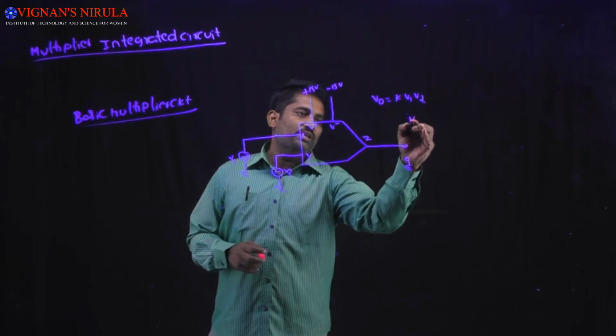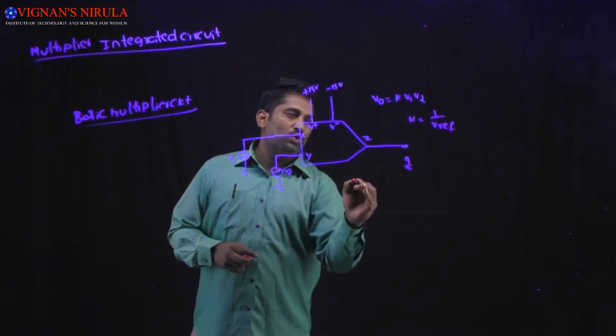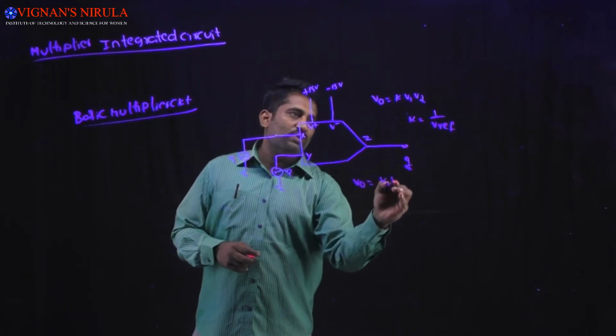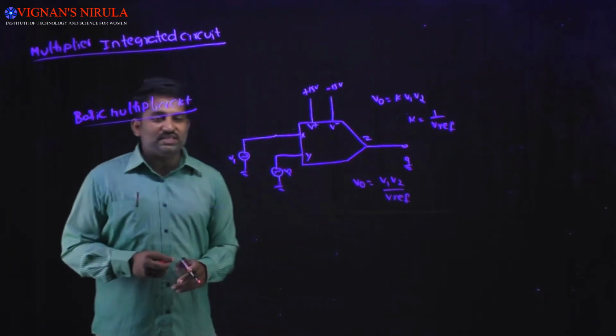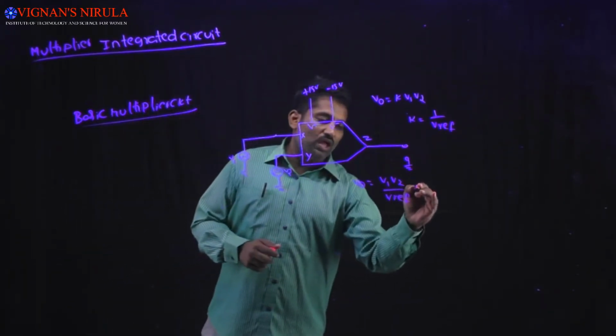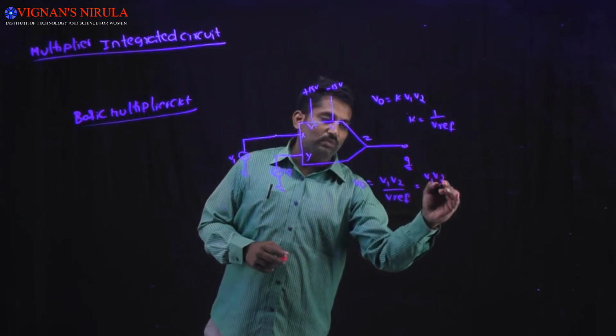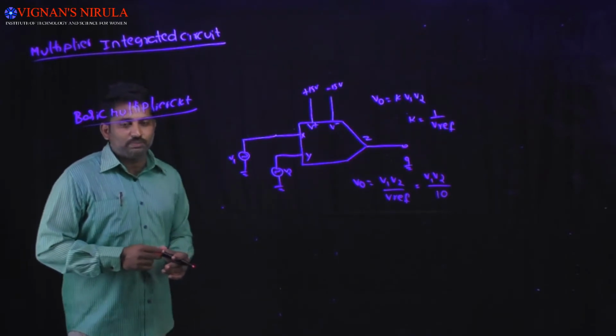Here we treat K as 1 by V reference, so V0 is equal to V1 V2 divided by V reference. Generally V reference is set to 10 volts, so the output voltage of the active multiplier circuit will be V1 into V2 divided by 10.